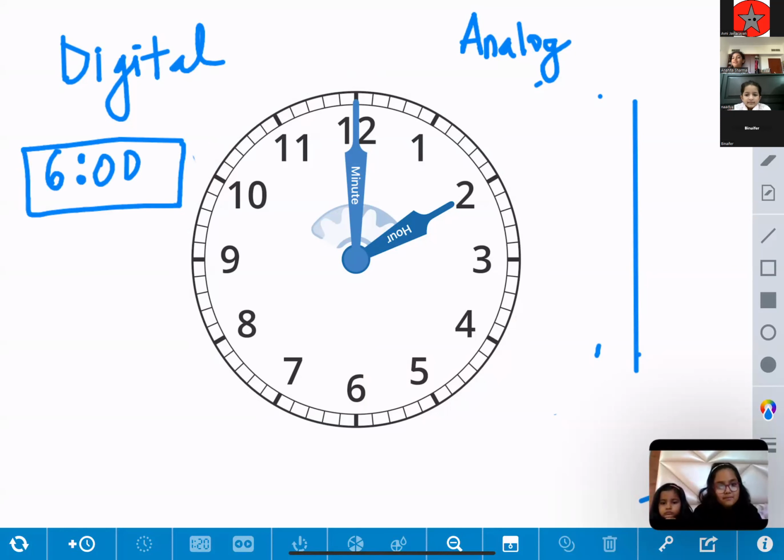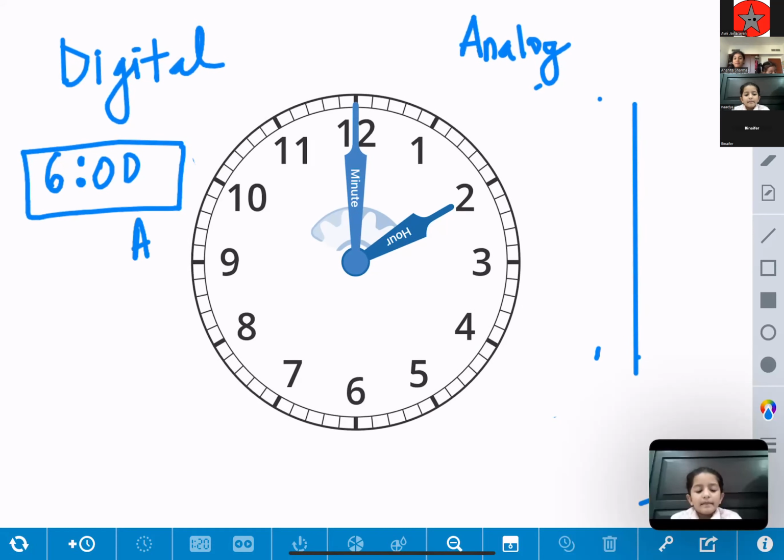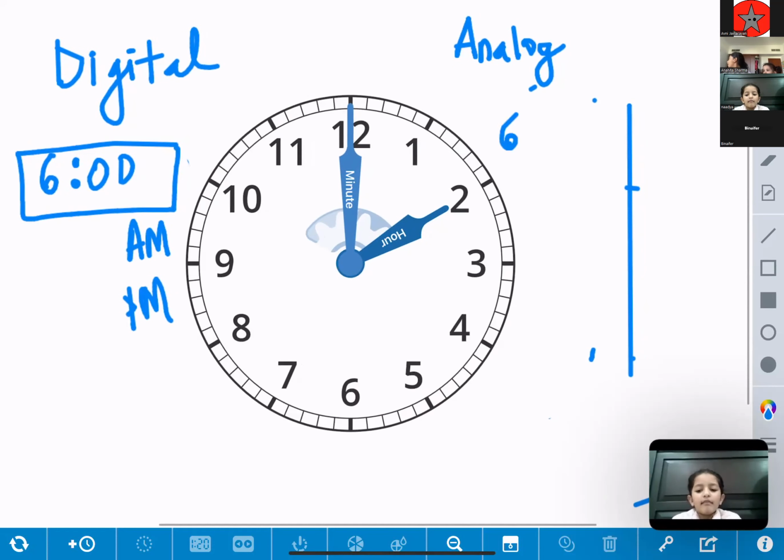AM, PM. So if it is morning, what should I write, Nadia? AM or PM? AM. And if it is evening, what shall I write? PM. Very good. And in analog, I'm going to write it as 6 o'clock. Okay?